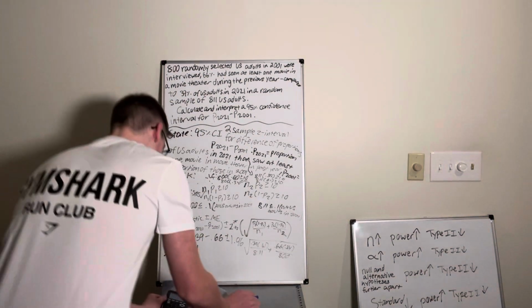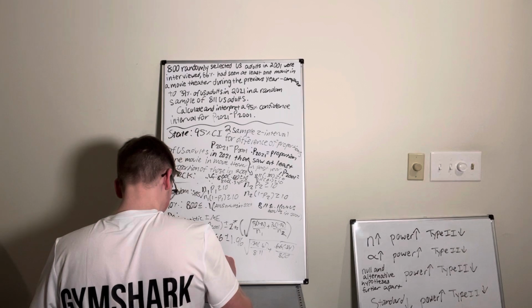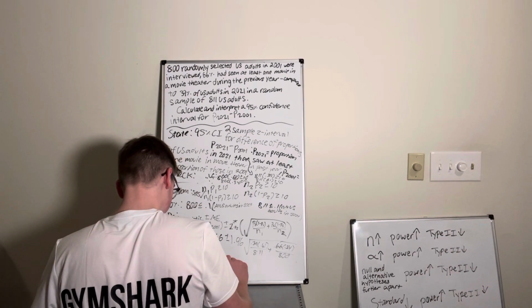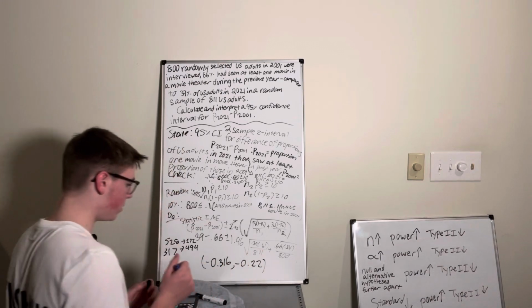Okay, so now we get the interval, which is negative 0.316, comma negative 0.22.